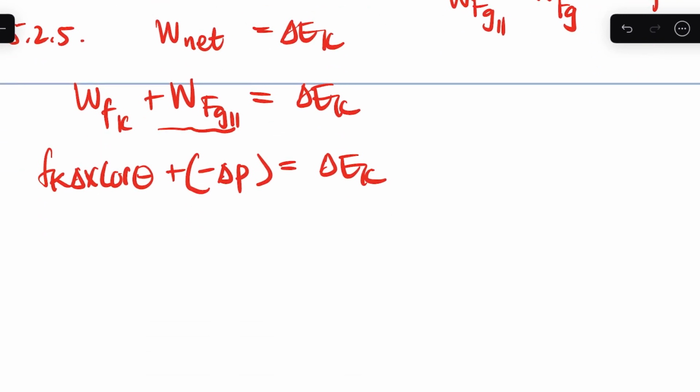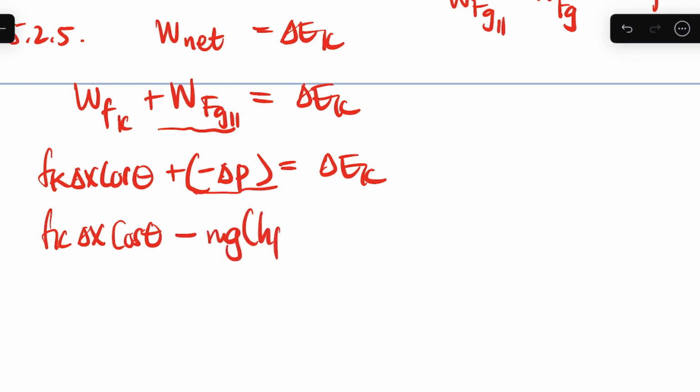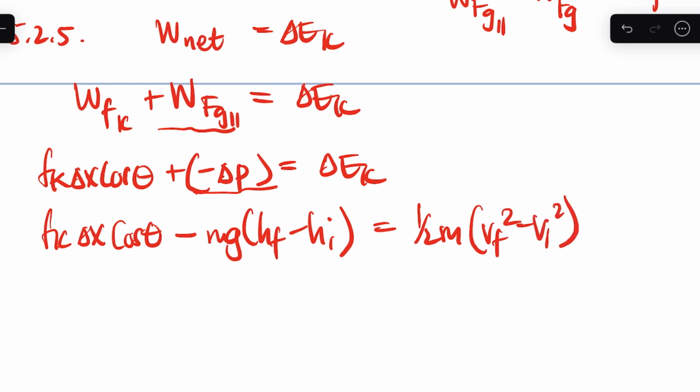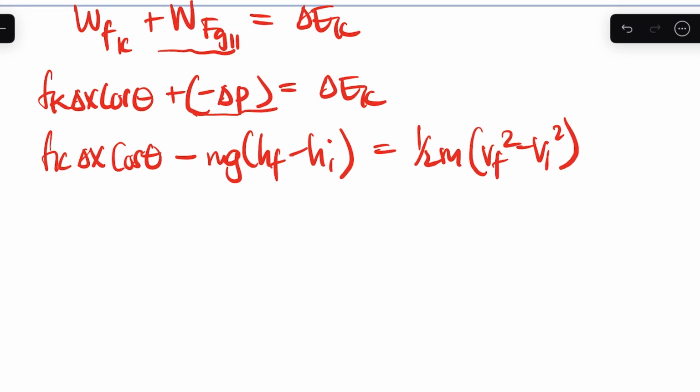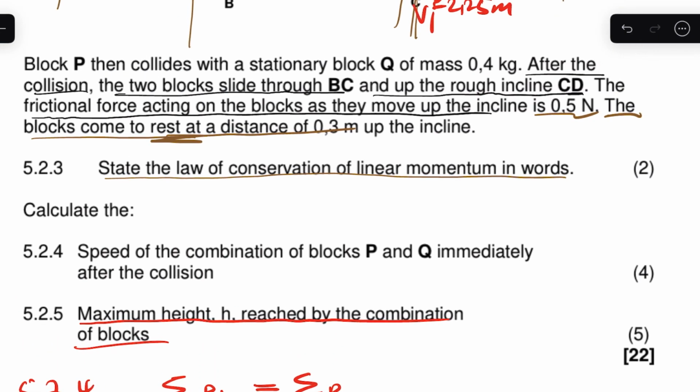So clearly this simply means that we have friction times change in x cos theta minus mgh final minus mgh initial equal to half mv final squared minus half mv initial squared, and then we substitute the frictional force we were given.